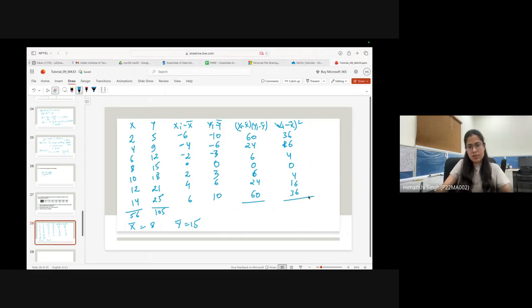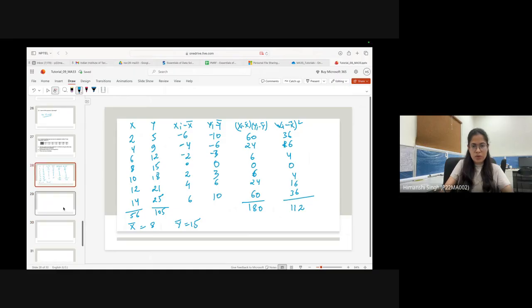Now I want the sum. So it is 60 plus 24 plus 6, multiplied by 2, so it is 180. And 36 plus 16 plus 4, multiplied by 2, gives 112.